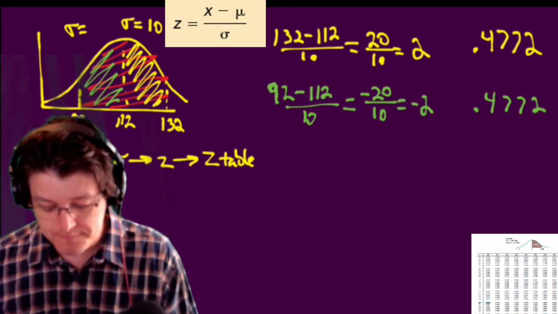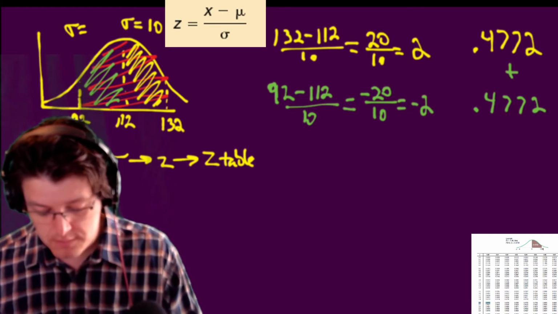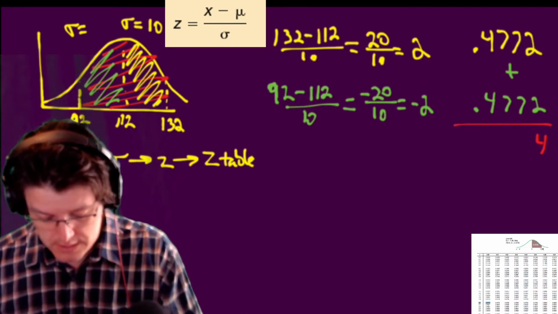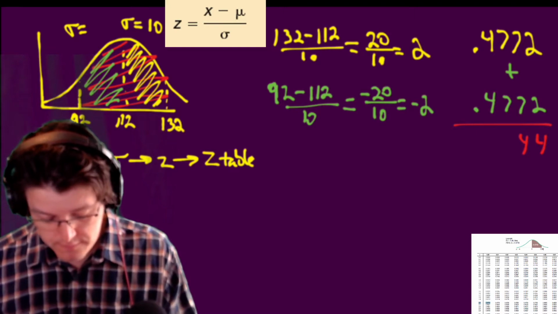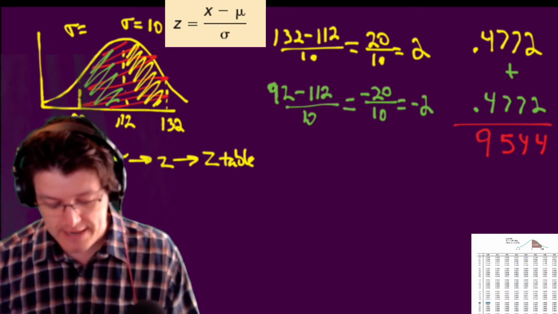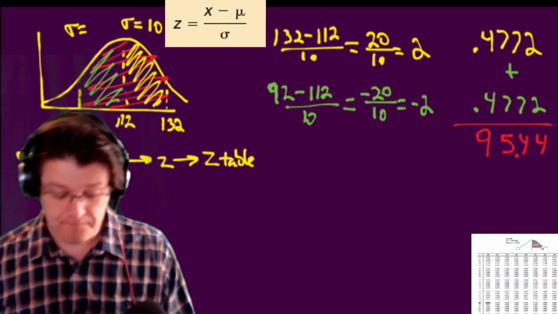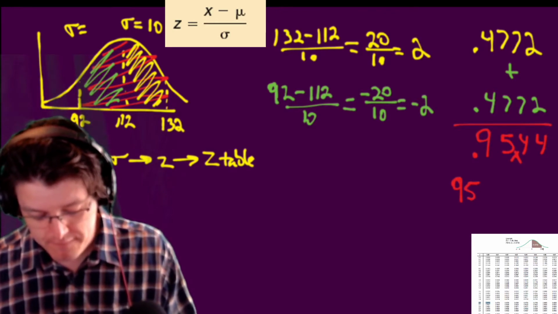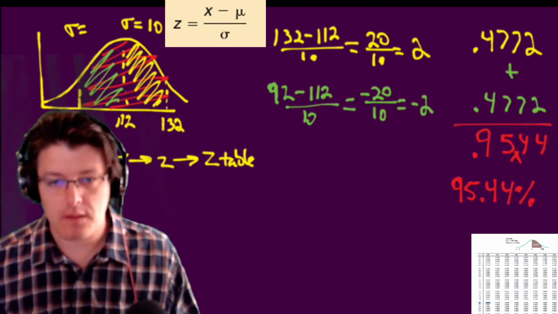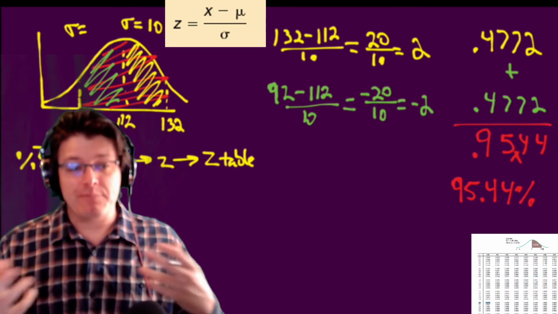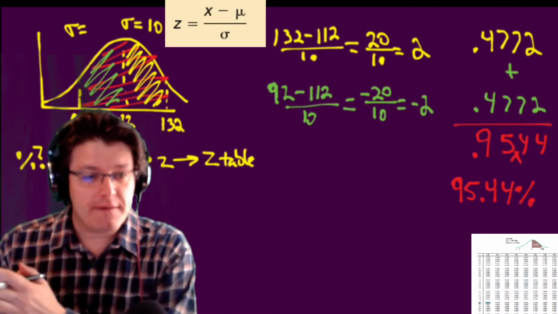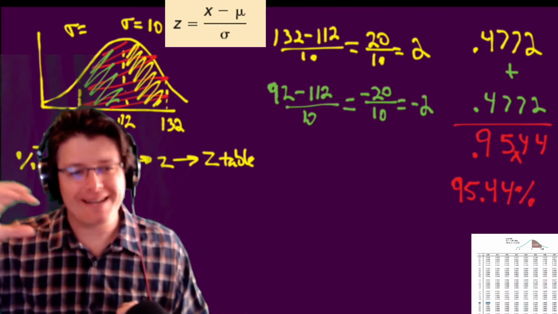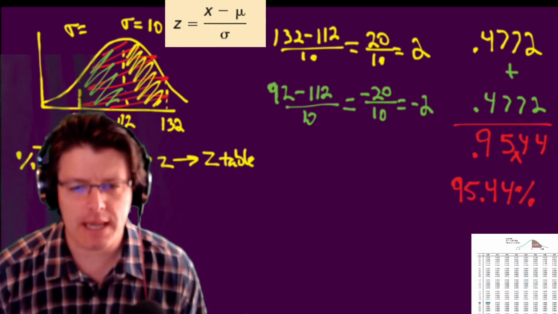When we add these together, this is going to be 0.9544, or 95.44%. Okay. So again, you have to keep track of whether you need to subtract off between two numbers or add them together. Here, because we span across the mean, we want to take both parts and add them together.